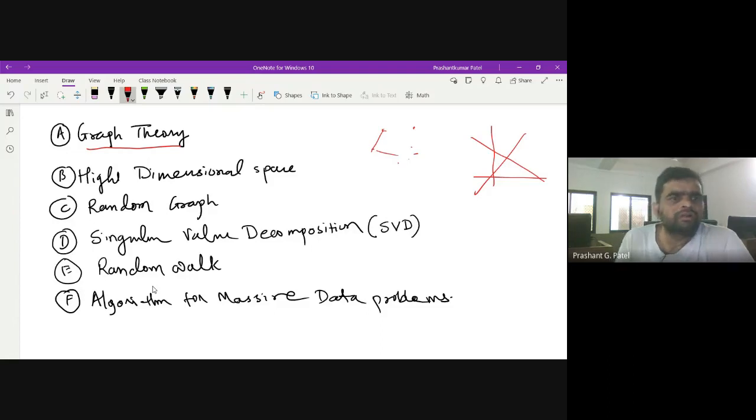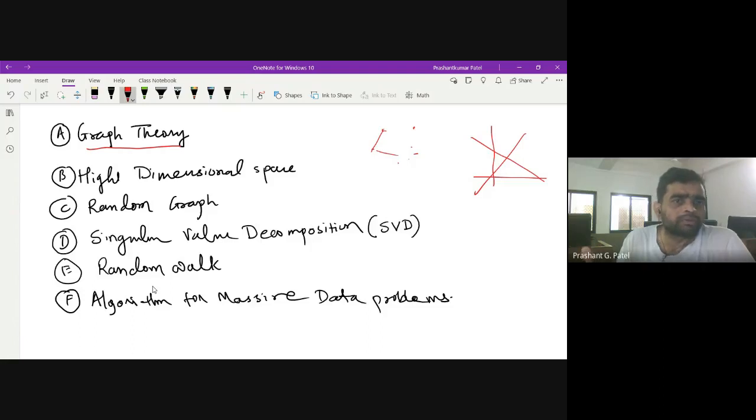Those who have done a BSc Mathematics course might have studied this whole paper as one paper of their graduation. And there are various applications of graph theory.